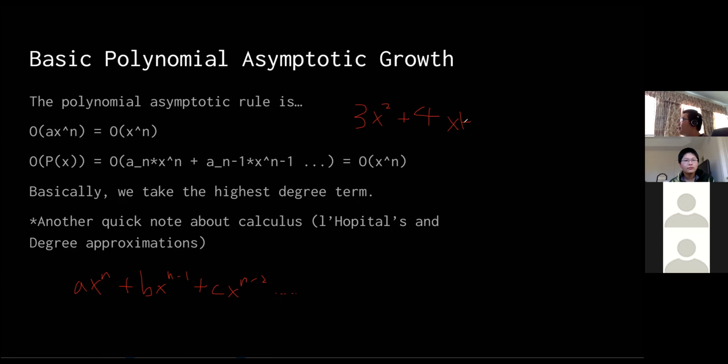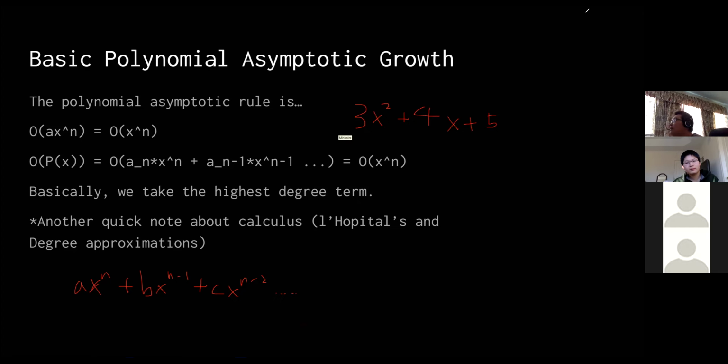That's an example of a polynomial. If you still don't know what a polynomial is, please put it in the chat. Otherwise, I'll assume you know. And if you know calculus, you can use either L'Hopital's rule or degree approximations, or any other method. There are more methods, but I just thought of L'Hopital's on the spot.